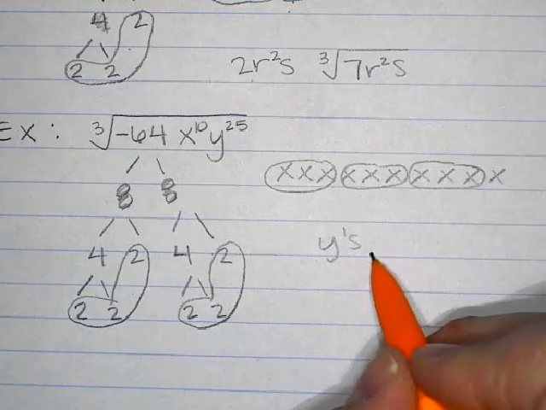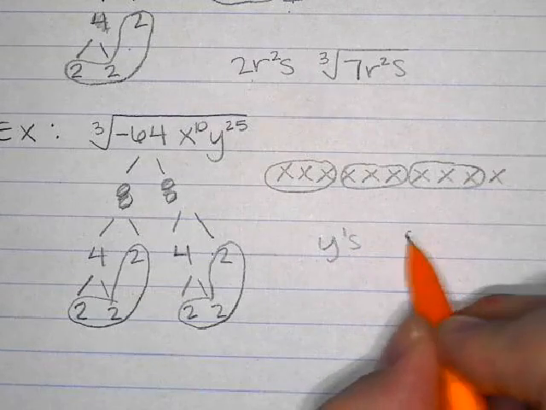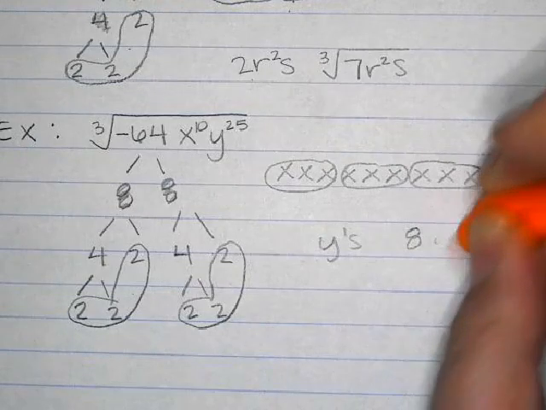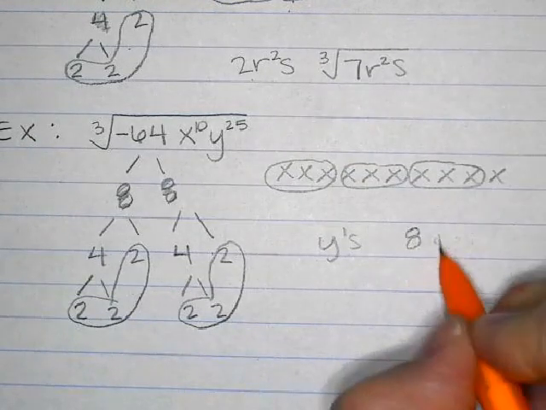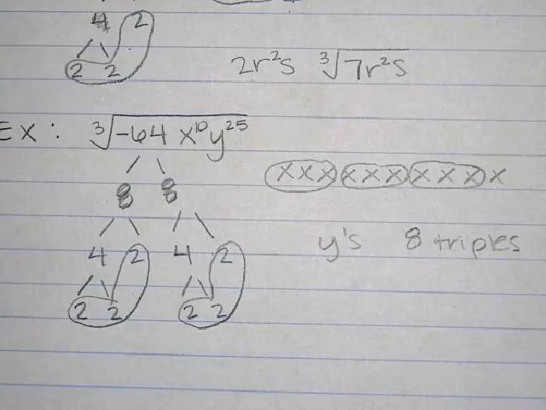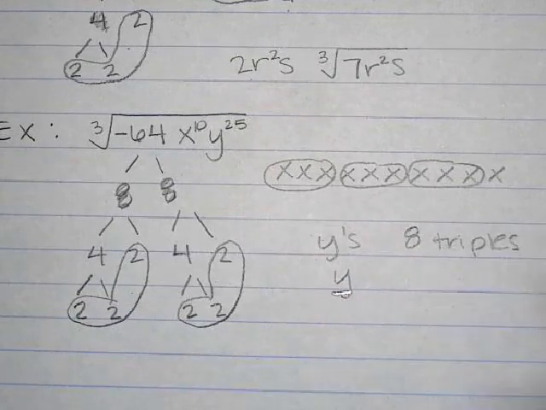Okay, 8 triples. Is 8 triples all we have? You have 1 left over. Okay, and then 1 singleton. If you don't want to write them all out because you can mentally think it through, that's fine. All right, so let's write what we have now.